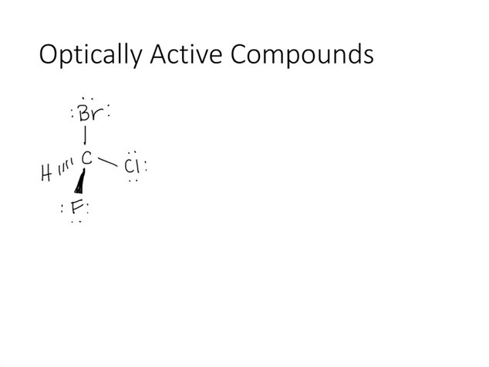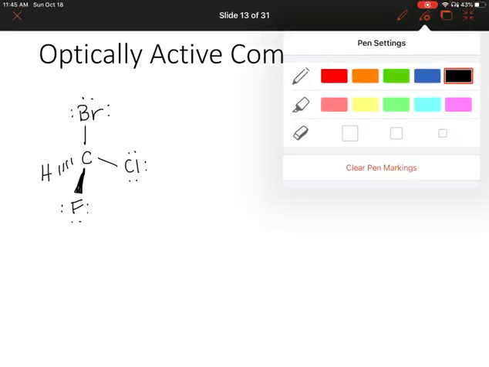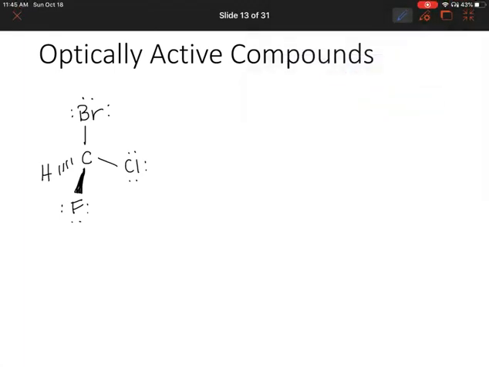So remember, the first thing we have to do is prioritize the substituents that are attached. What would come first? Bromine, chlorine, fluorine, or hydrogen? Bromine would come first because it is the heaviest atom attached to carbon.